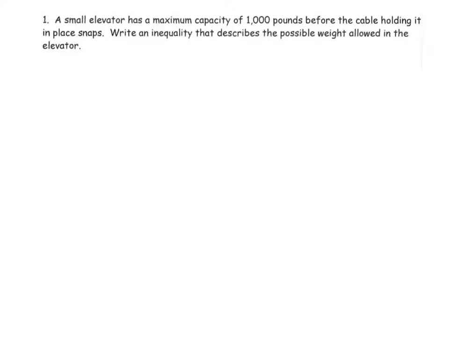Okay, so number 1. A small elevator has a maximum capacity of 1,000 pounds before the cable holding it in place snaps. Write an inequality that describes the possible weight allowed in the elevator. So it says that the maximum capacity is what? 1,000 pounds, okay?